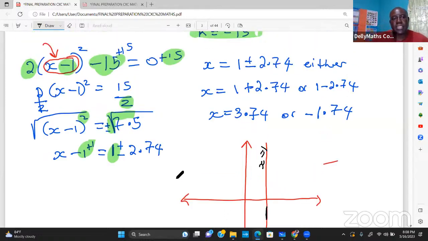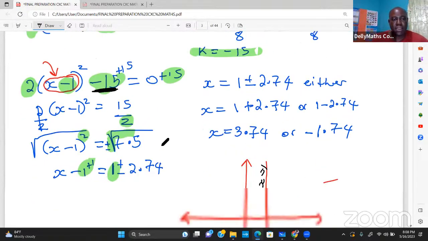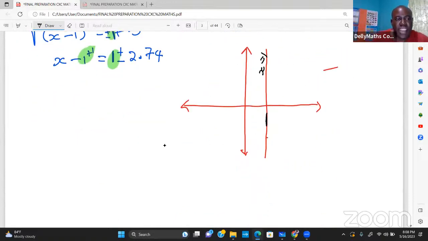When you complete the square, the number you get out here is the minimum or the maximum. Remember now, the a value tells you if it is a minimum or maximum. In other words, let me see if I can relate to you. If your a value is positive, your curve will smile. You know that when things are positive, you smile, right? So if the a value is positive, your curve will smile, which means that you have a minimum.